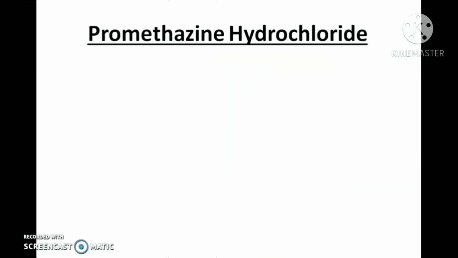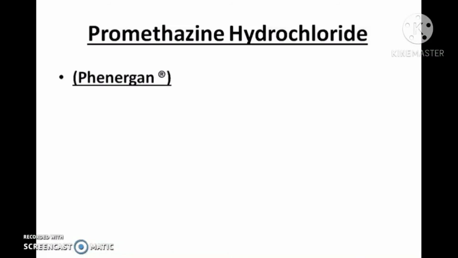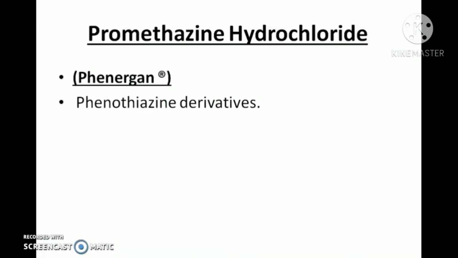And now coming to the next compound, phenothiazine derivative. First one is promethazine hydrochloride. Promethazine hydrochloride, more popularly known as Phenergan in the market, is a phenothiazine derivative. So first we will see the chemistry of the phenothiazine ring. You are all familiar with the structure of the phenothiazine ring.